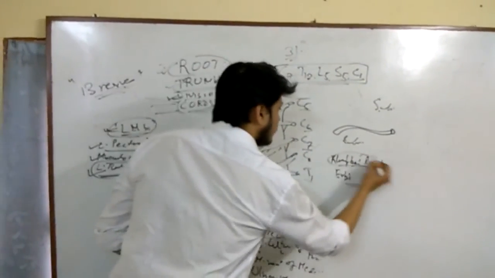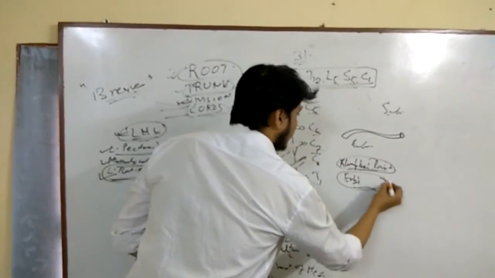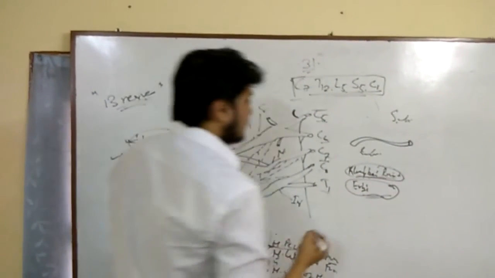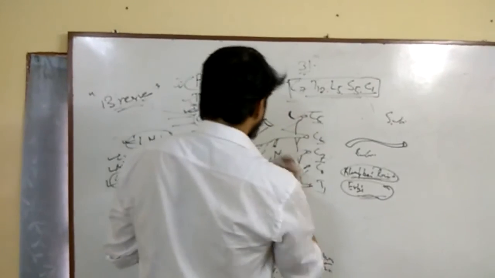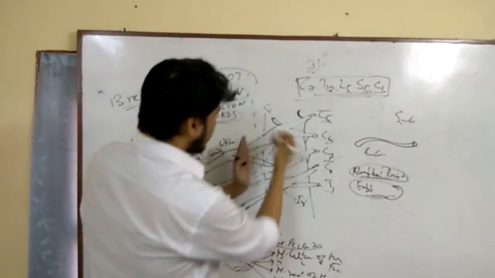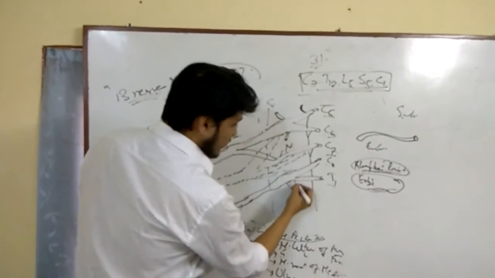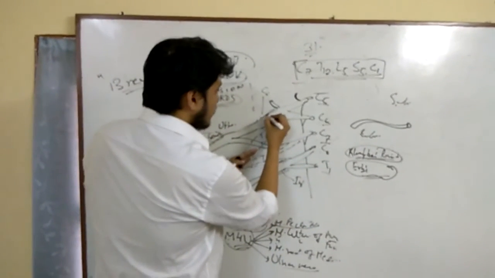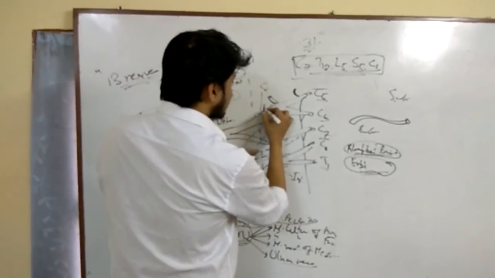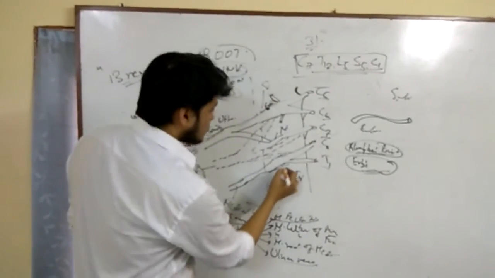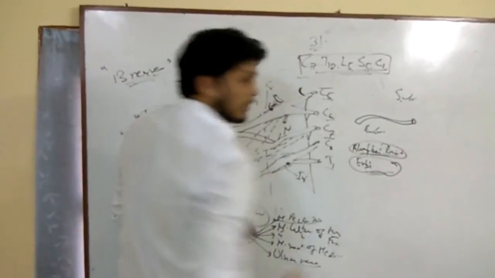In the trunk part, this is the upper or superior trunk, and this is the inferior trunk. So this point is my Erb's point, and this point is my Klumpke's point.